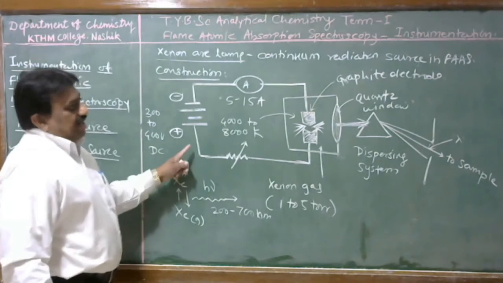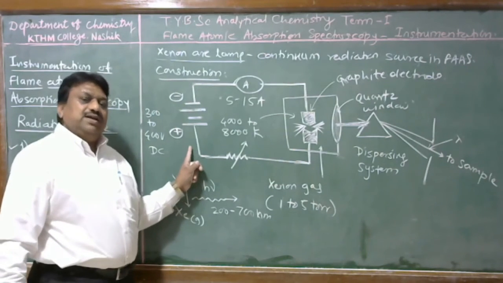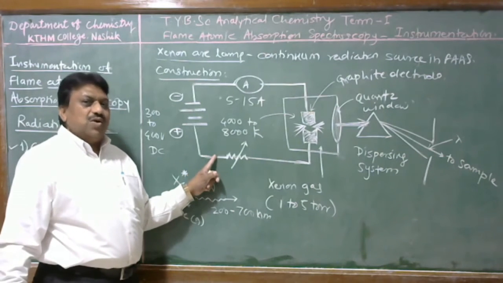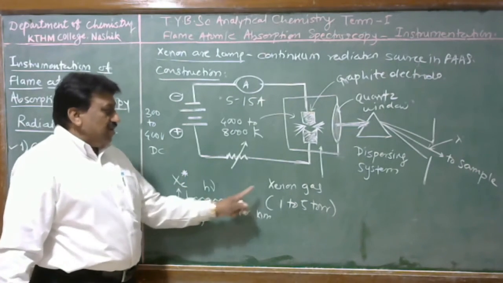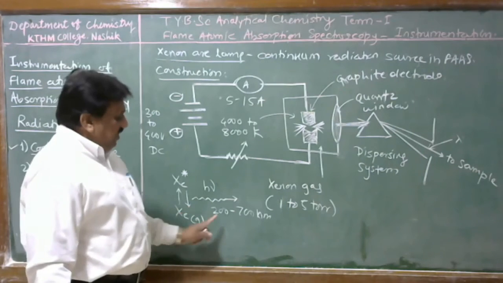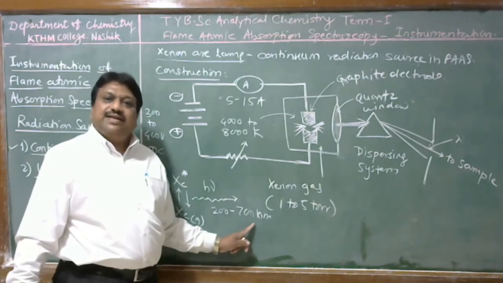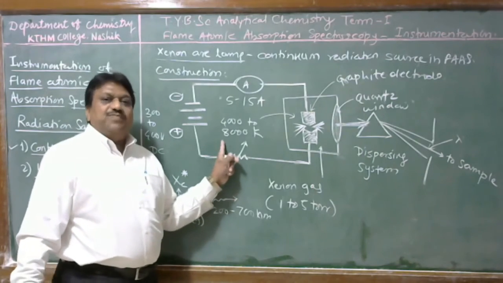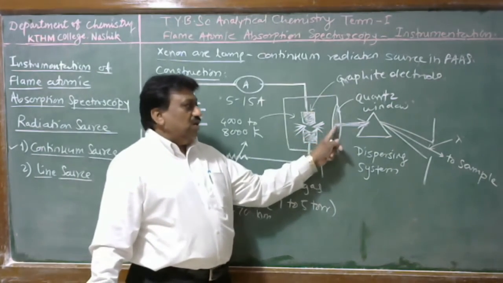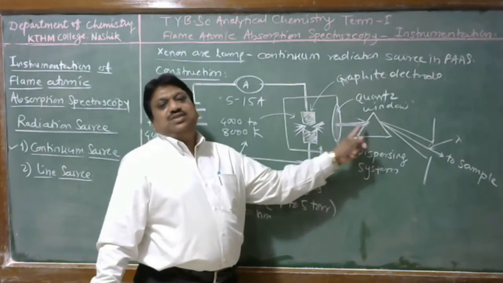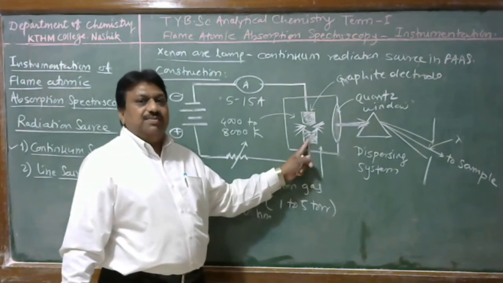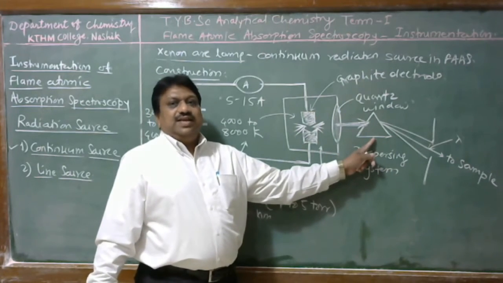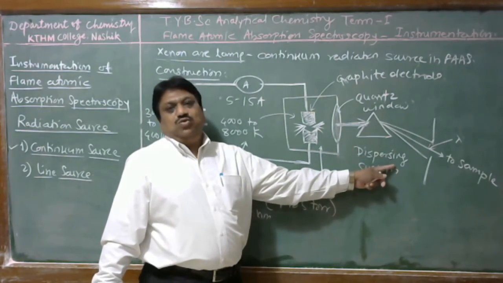Now the advantage of this source is that we can use it for analysis of many elements which absorb radiation within the range 200 to 700 nanometer. Second advantage is that the intensity of the wavelength emitted by this xenon arc lamp is very high, and therefore we can easily isolate that particular monochromatic radiation.